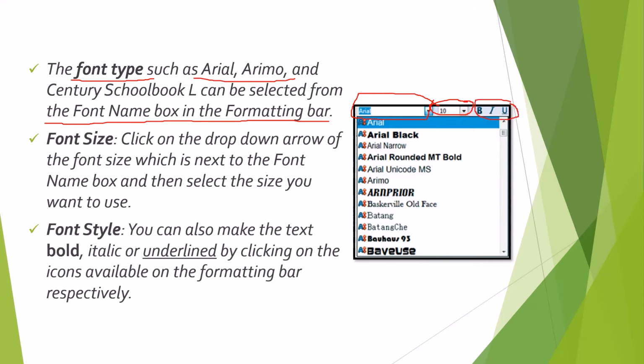The font size box is used to control the size of the font, meaning how big or how small the text should be, and the font style is used to make the text bold, italic or underlined. Whichever option you click, the text will be styled in that way.